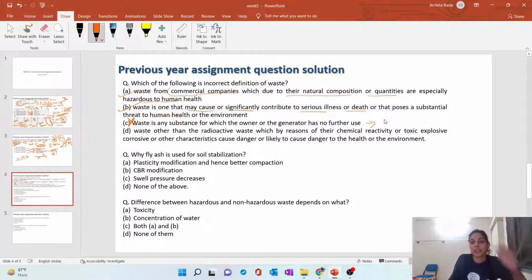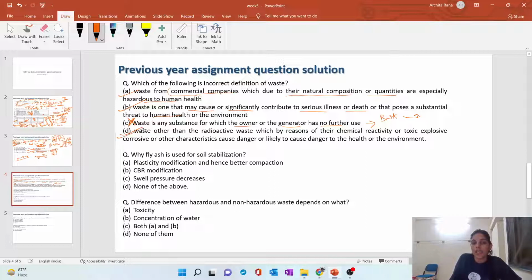For example, if I am not reading a book, it is a waste to me, but if I can donate that book and someone else reads it, it is an important thing for that person. So waste is not something which the owner or generator has no use for. So this is an incorrect definition.